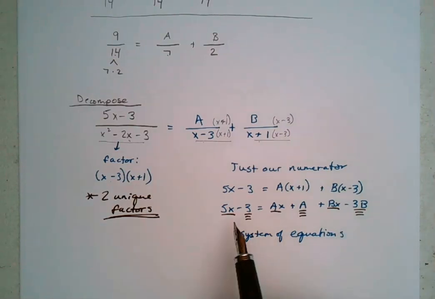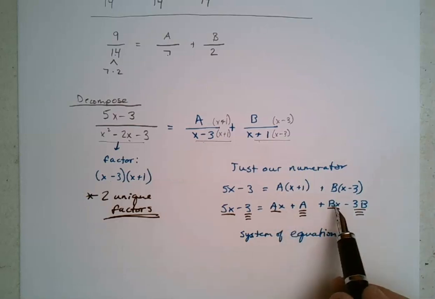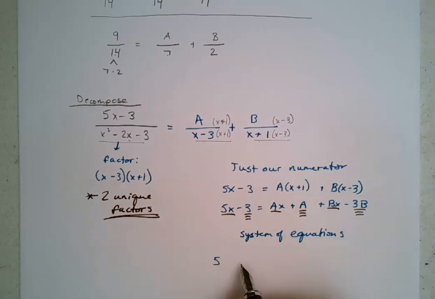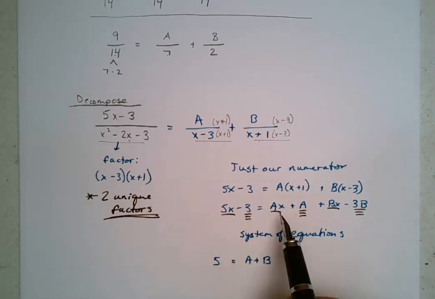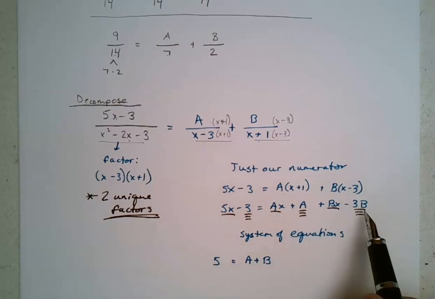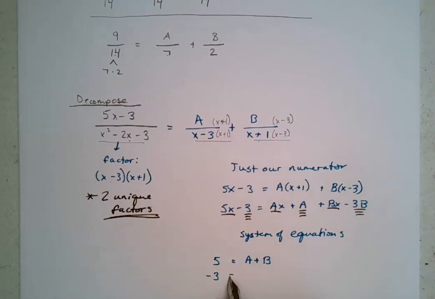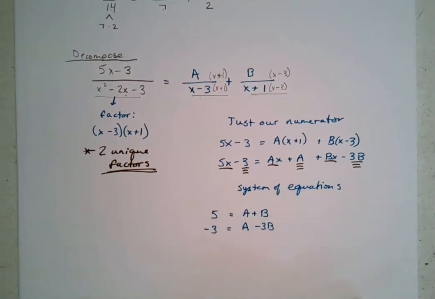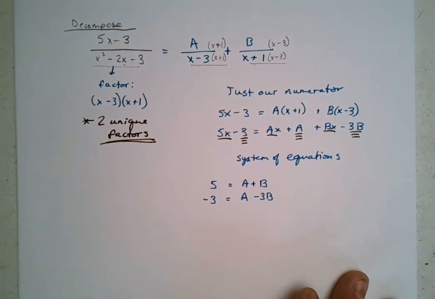And the idea is I'm only going to use like terms. So I'm going to take 5x, Ax, and Bx and say, listen, 5 has to equal A plus B. And then I'm going to take this negative 3 and this A and this minus 3B and say negative 3 has to equal A minus 3B.